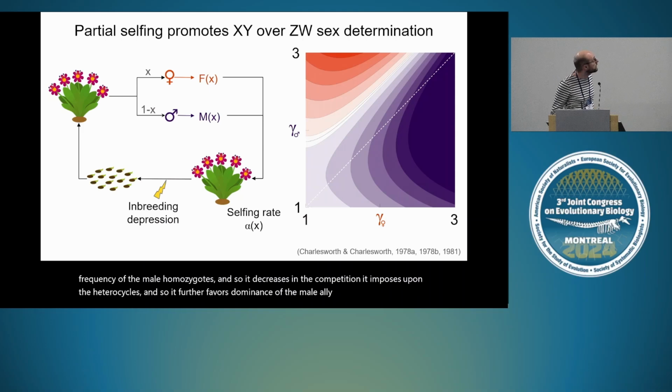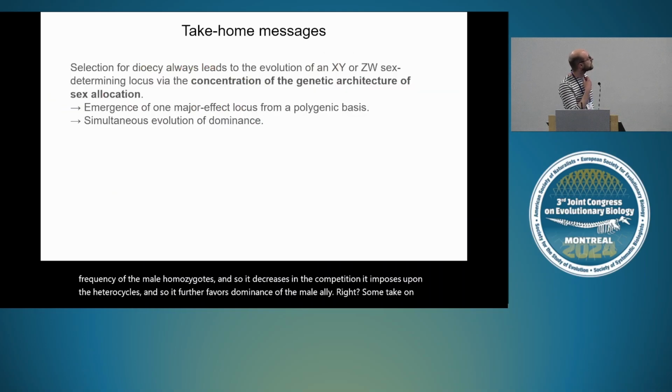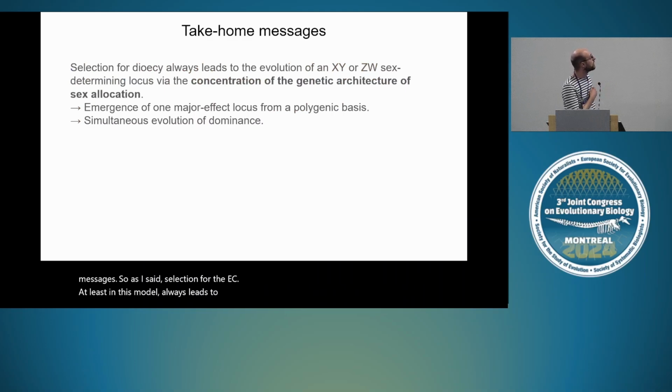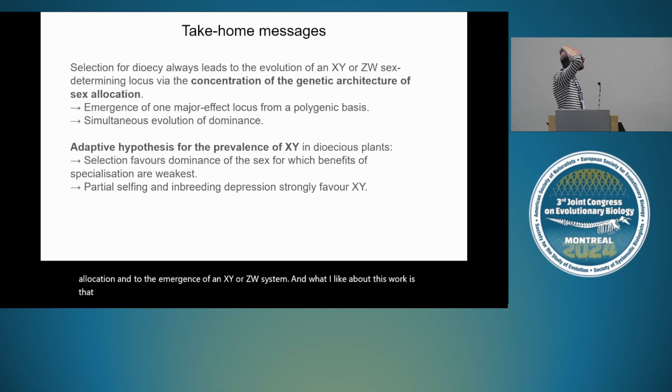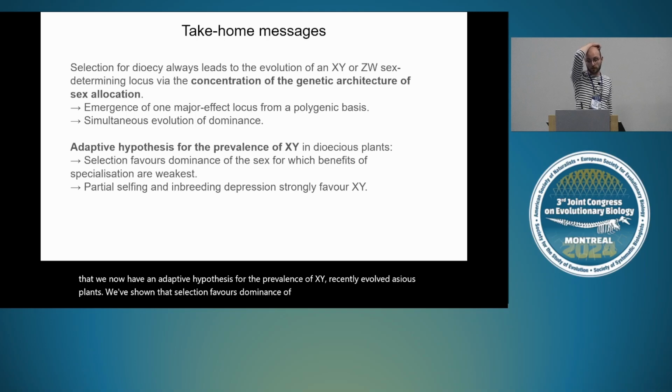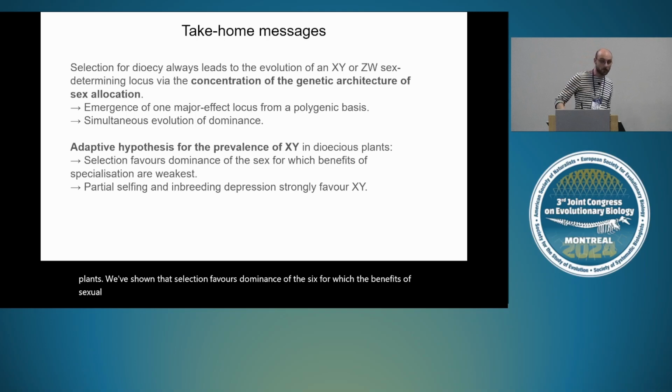Right, some take-home messages. So as I said, selection for DIEC, at least in this model, always leads to the concentration of the genetic architecture of sex allocation and to the emergence of an XY or ZW system. And what I like about this work is that we now have an adaptive hypothesis for the prevalence of XY in recently evolved dioecious plants. We've shown that selection favors dominance of the sex for which the benefits of sexual specialization are weakest.